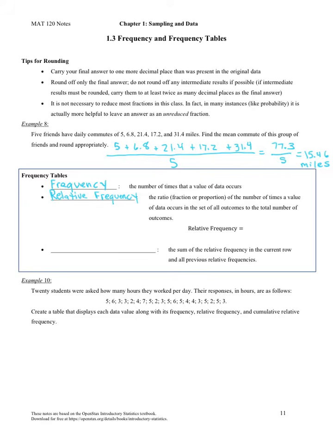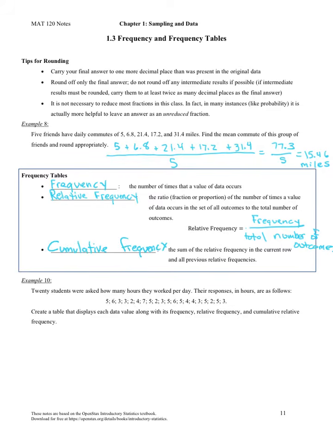In order to find relative frequency, we take the frequency and divide that by the total number of outcomes. And lastly, we have the sum of the relative frequencies, and this is cumulative frequency.